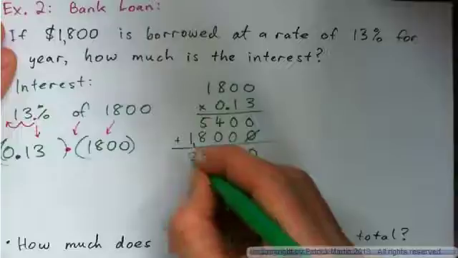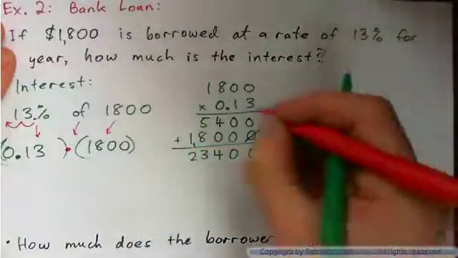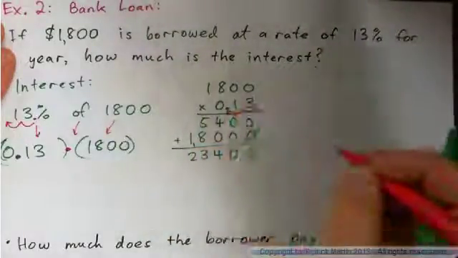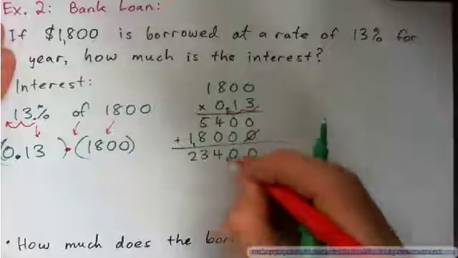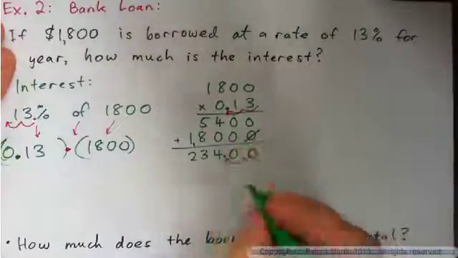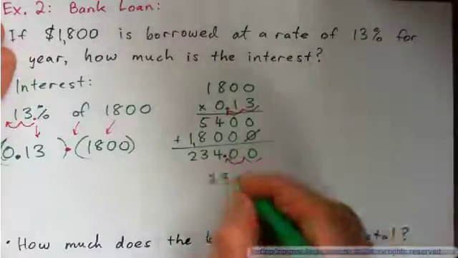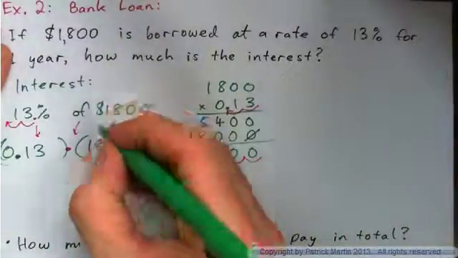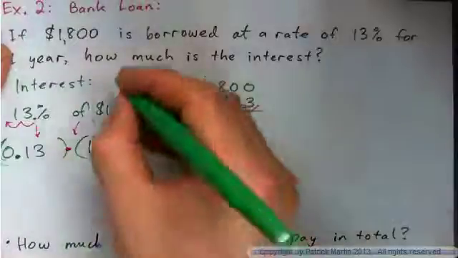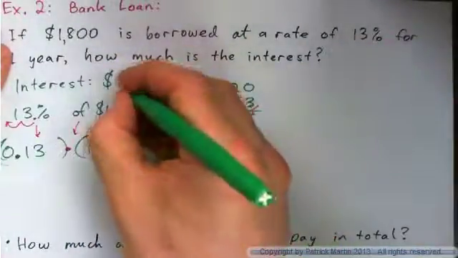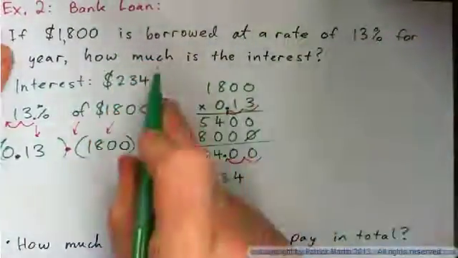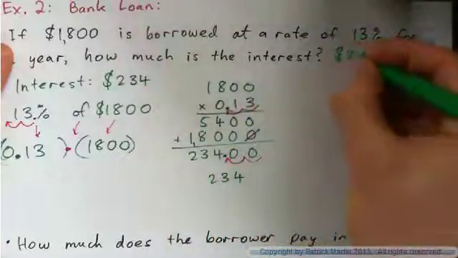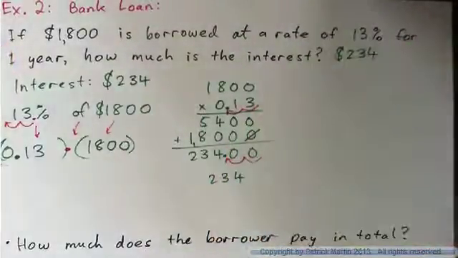Carry the 1 and we get 2. In the question I had 2 decimal places, so I need 2 in the answer: 234.00 or 234. 13% of $1,800 turned out to be $234. The interest is $234.